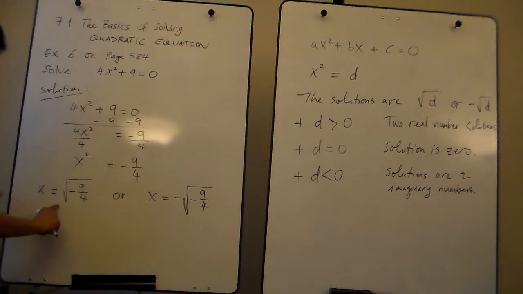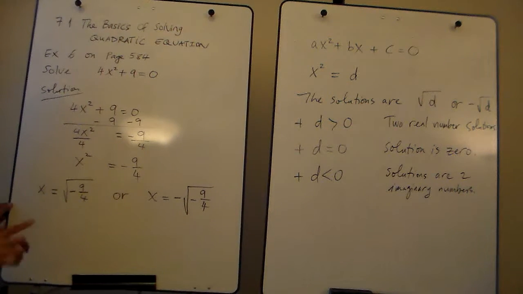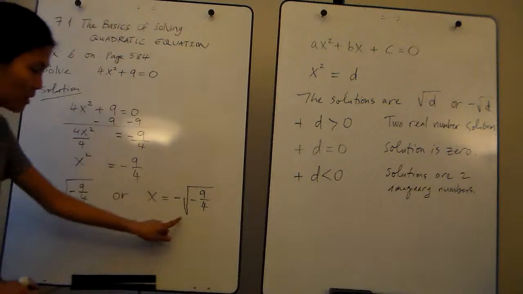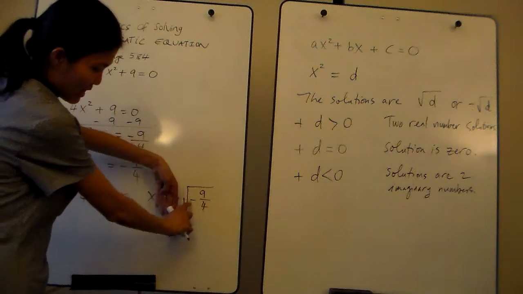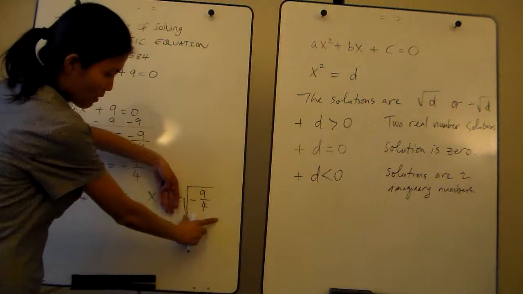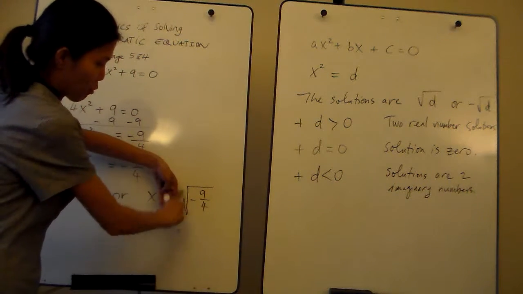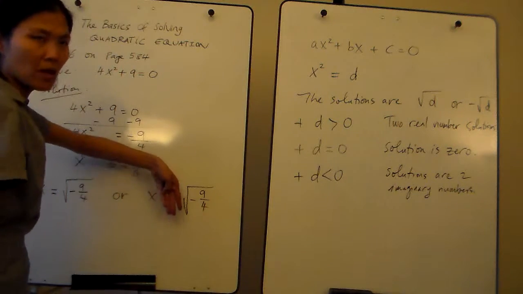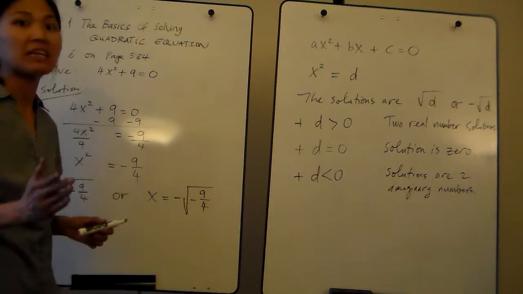So you would have a complex number, not a real number. Even for any even index k, you won't have a real number solution when you take the root of a negative value.